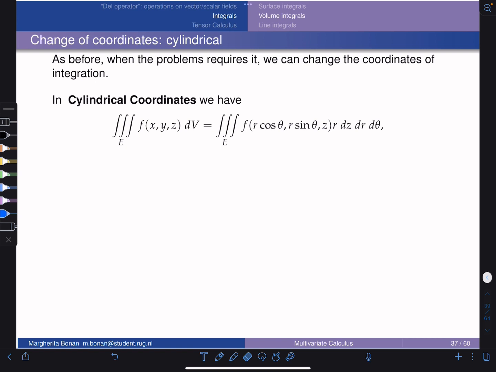So x becomes r cosine theta, y becomes r sine theta, and z stays the same. The dV, that was dx dy dz, becomes r dz dr d theta, and we have to be careful not to forget this r.